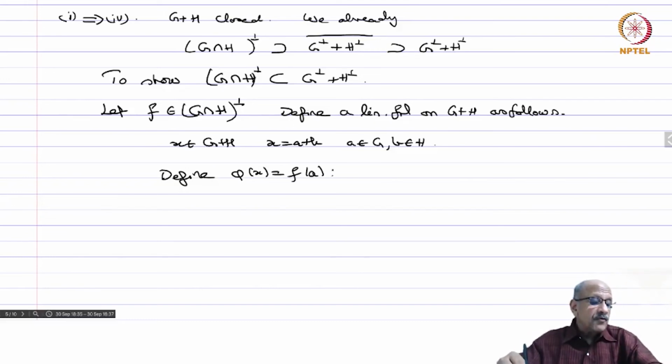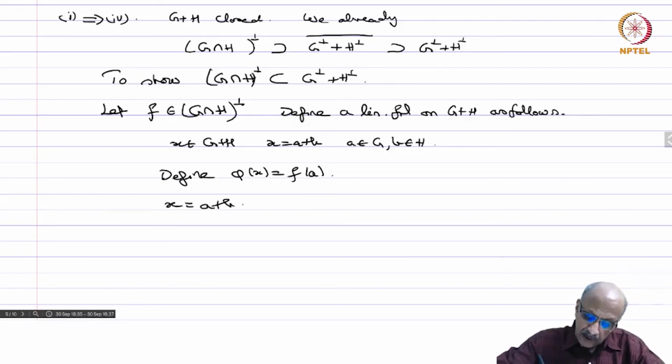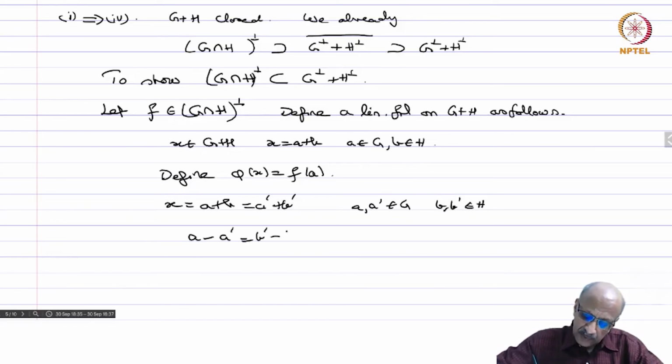So we have to first check that this is well defined, because what have we done? We have taken a decomposition and then in terms of the decomposition we have defined this functional. So it should be independent of the decomposition chosen, only then this becomes well defined. So if x equals a plus b equals a dash plus b dash, where a dash is in G, b dash is in H, then what you have is that a minus a dash equals b dash minus b.